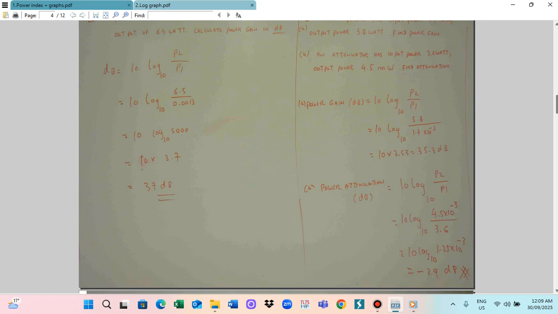So this is 4.5 divided by 1000 divided by 3.6, and you get 1.25 times 10 power minus 3. Then you can find the log, multiply by 10, and in this one you get the dB.